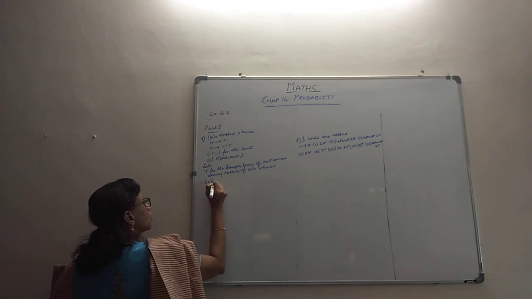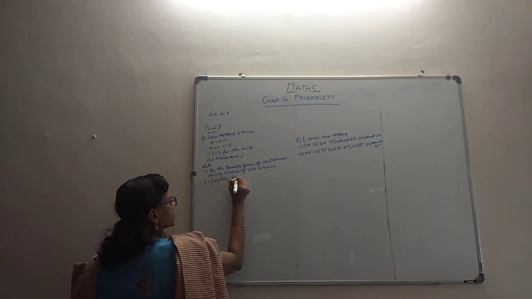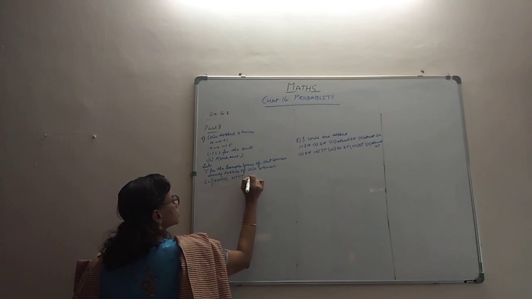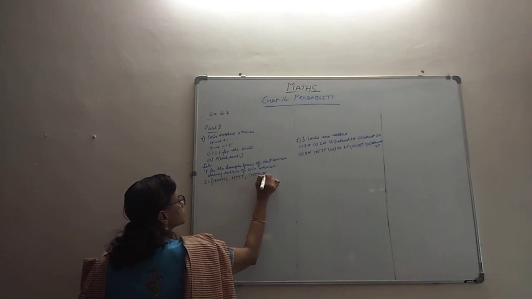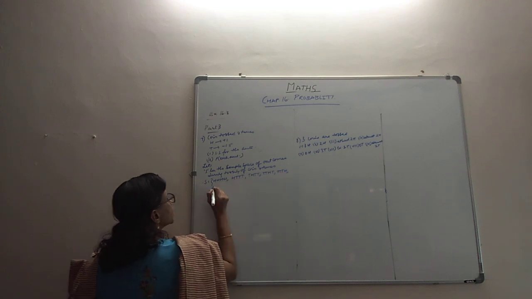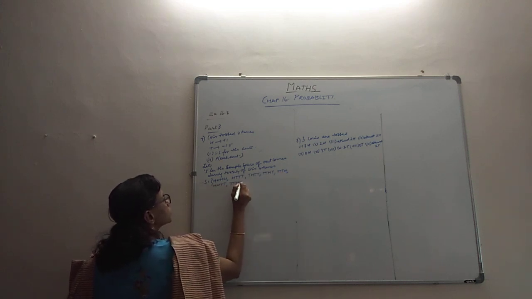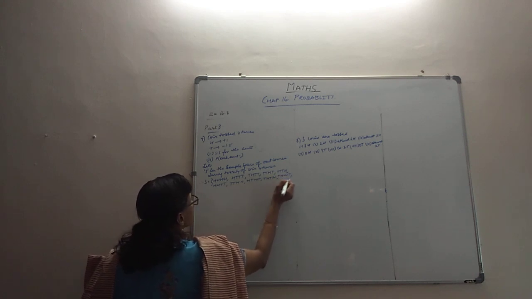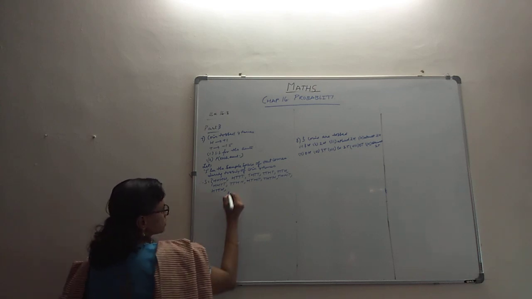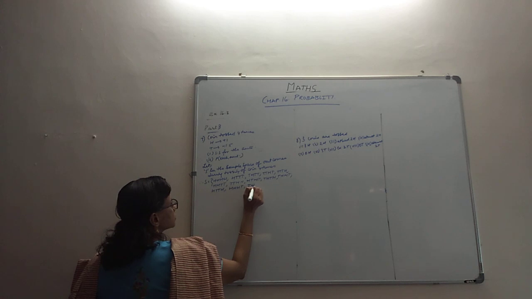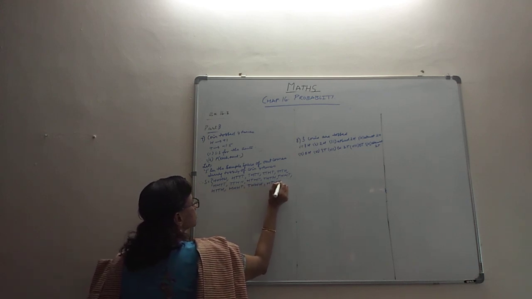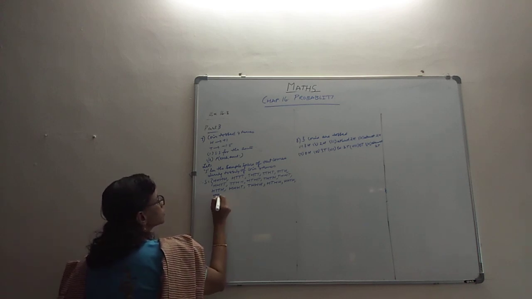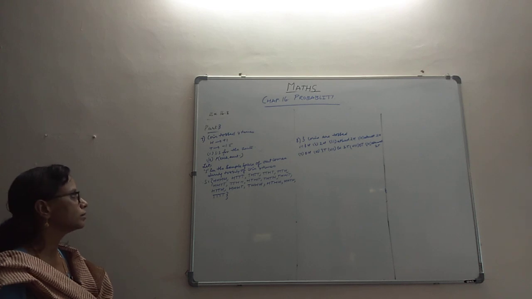So all heads, 1 head, two heads, three heads, and no head. So this is our required sample space.